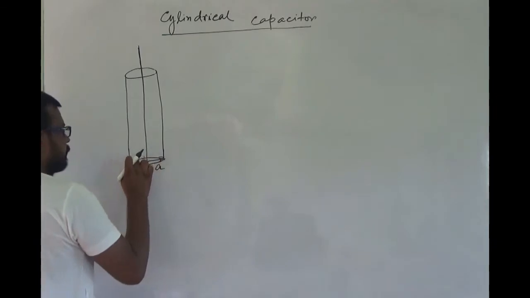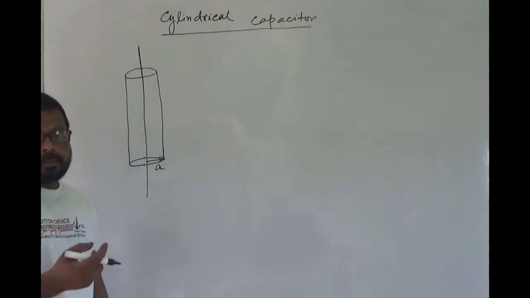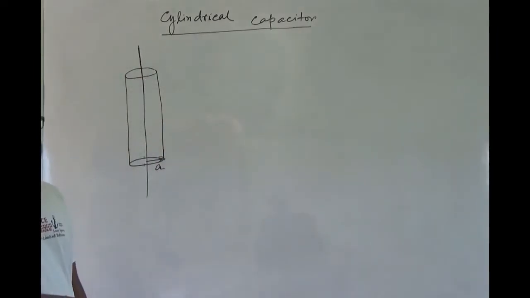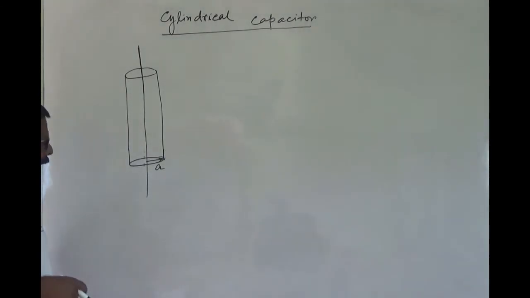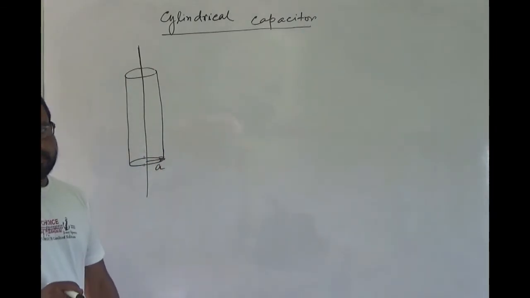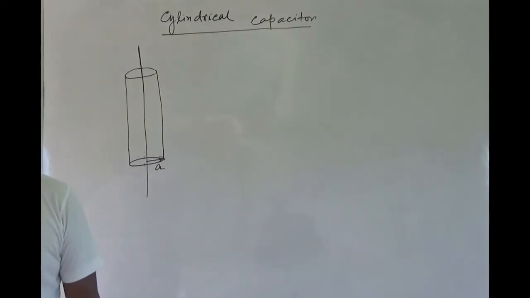Then what happens? This Q charge will be uniformly distributed over the cylindrical surface, right? And we consider this cylinder to be of very small radius. That means we have considered that A is very small.